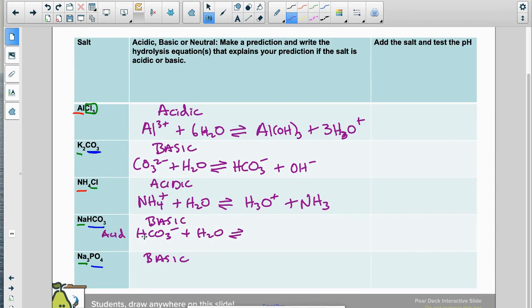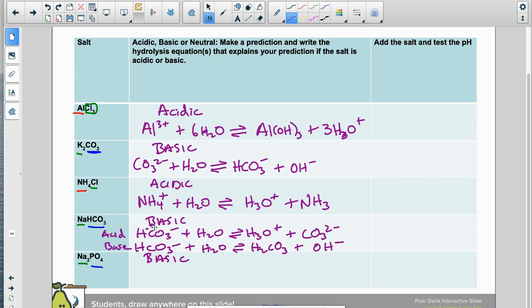So as an acid, it can donate its proton and form H3O+ plus CO3 2-, or it could act as a base and gain a proton. So it will become carbonic acid plus OH-.